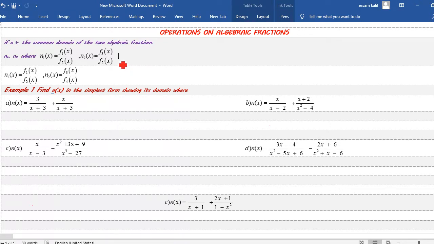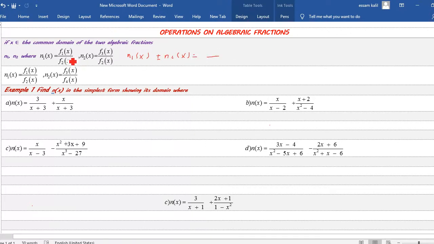So then n1 of x positive or negative n2 of x equals what?